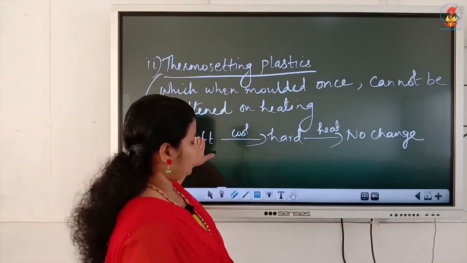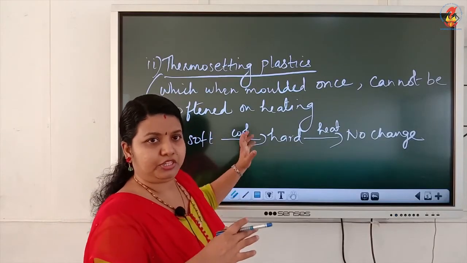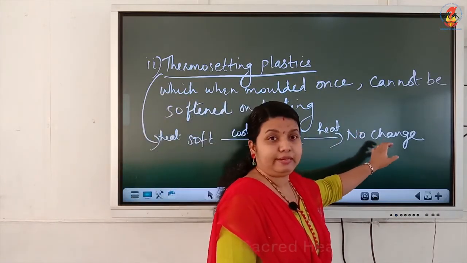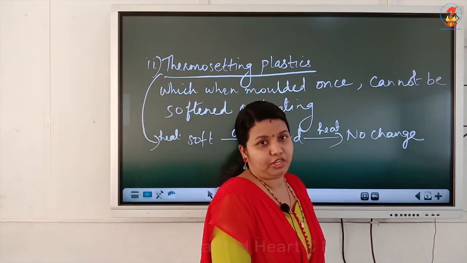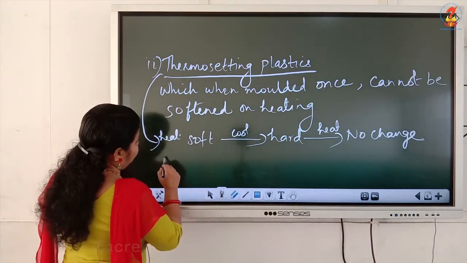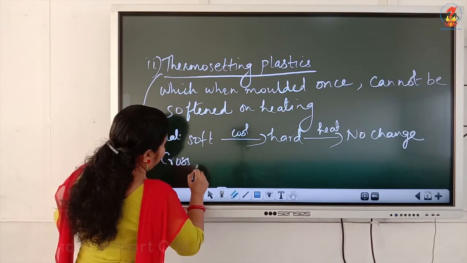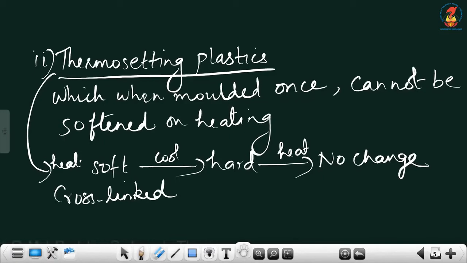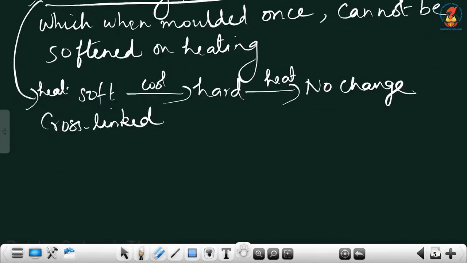Here, once it is softened, made into a particular shape, once it hardens, heating doesn't bring any change in its shape. So, such plastics are known as thermosetting plastics, and here the arrangement of monomer units is cross-linked. Okay, cross-linked arrangement of monomer units.